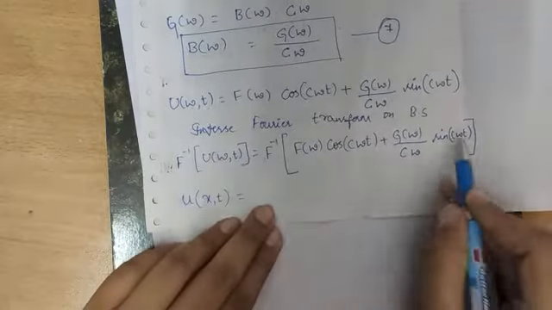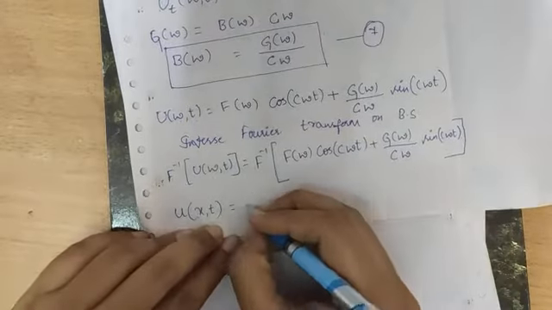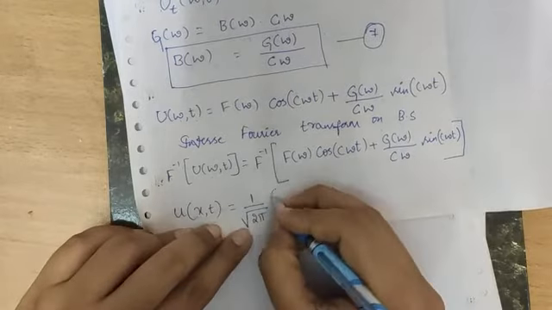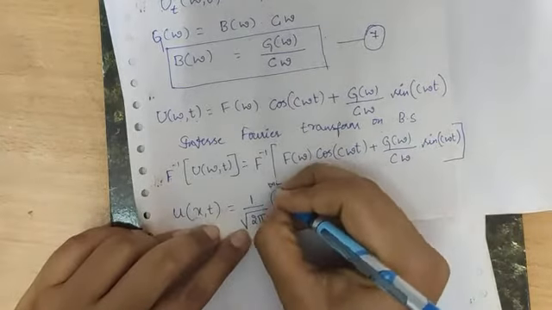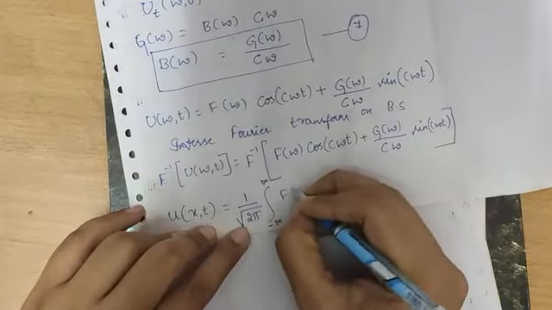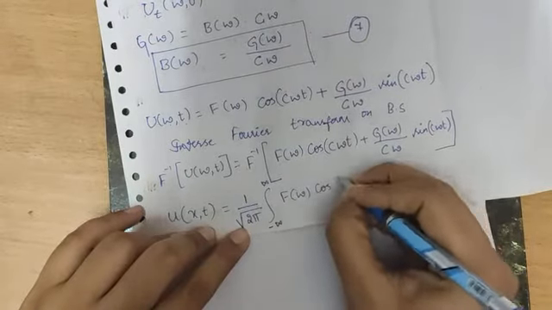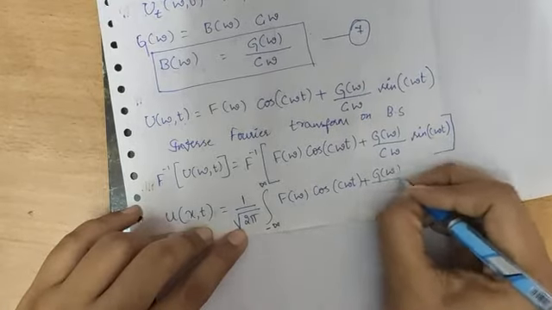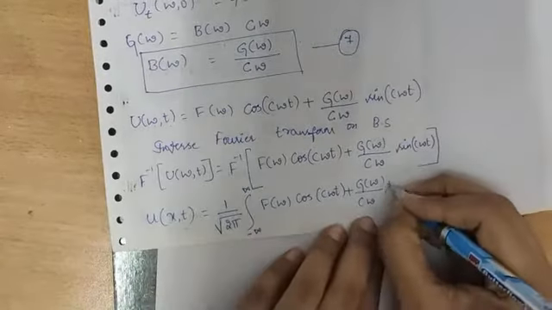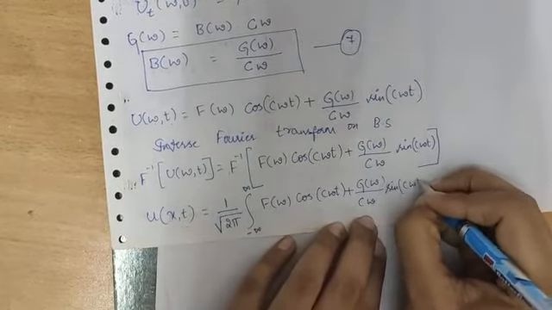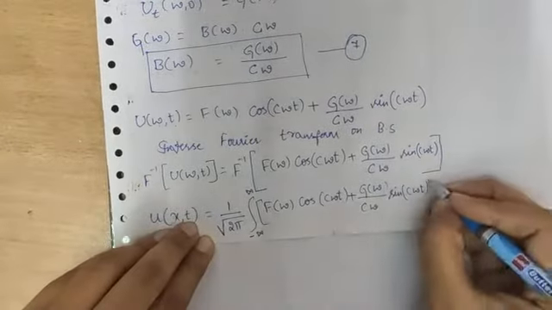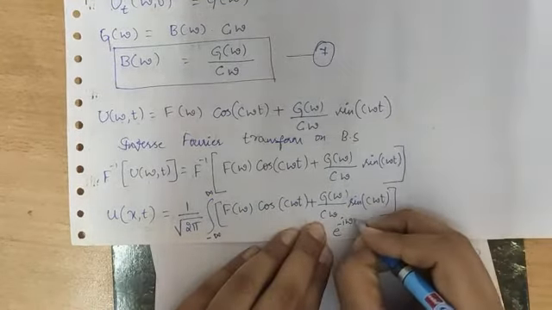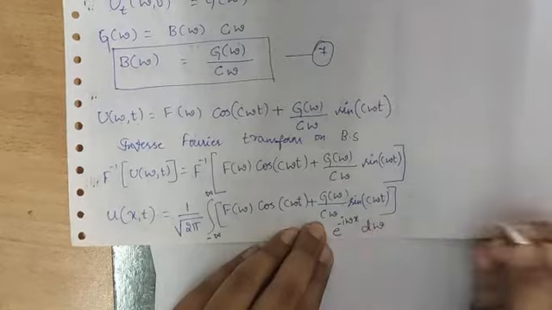F inverse of this function is nothing but 1 over root 2 pi integral from minus infinity to plus infinity of f of omega cos c omega t plus g of omega by c omega into sine c omega t, into e power minus i omega x into d omega.